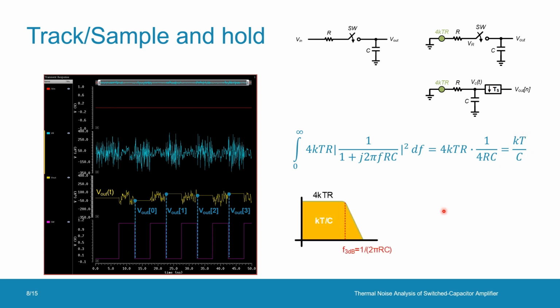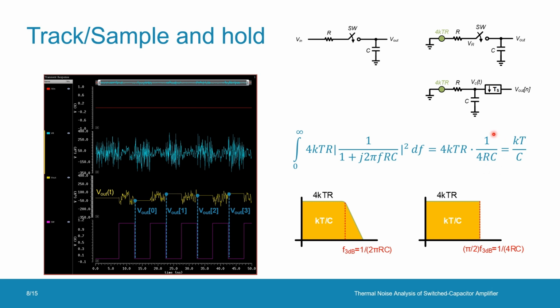Now, interestingly, this smooth low-pass integration can be represented by a brick-wall integration simply by scaling this 3 dB bandwidth by pi over 2, which becomes 1 over 4 RC, the equivalent noise bandwidth. It would be nice to remember this integration because it will be used heavily in our following analysis.